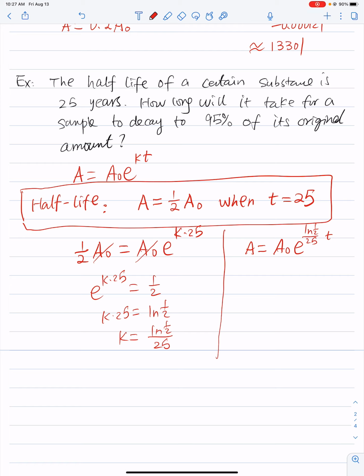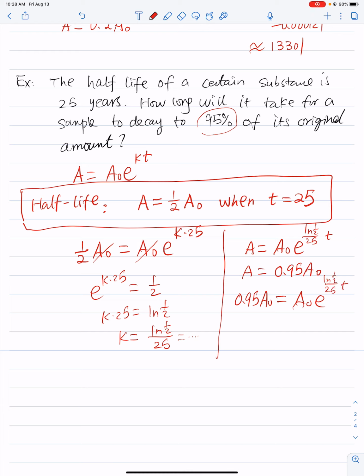I do not have a calculator with me for the moment, so you can use a calculator to find it exactly. We wanted to find the years, so we wanted 95%. What will A be now? It's 0.95 of A0. So 0.95 A0 equals A0 e to the number you should find with your calculator.